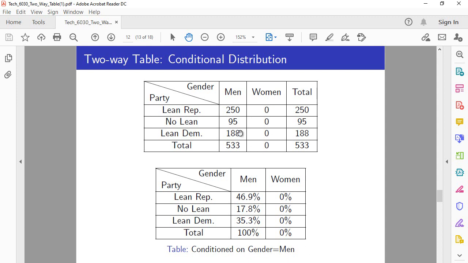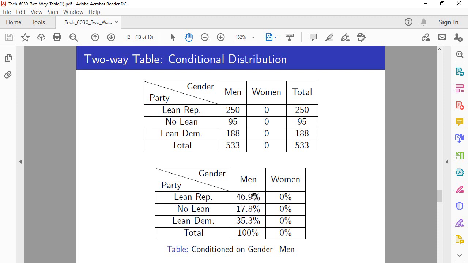So now, on this condition, what's the proportion or percent of each of the counts here? The total number of men is 533. Among them, 250 preferred the Republican Party. So 250 divided by 533 multiplied by 100, that's 46.9.